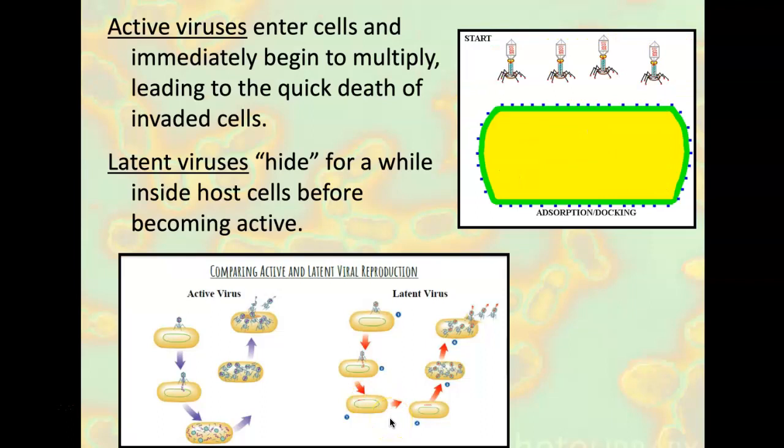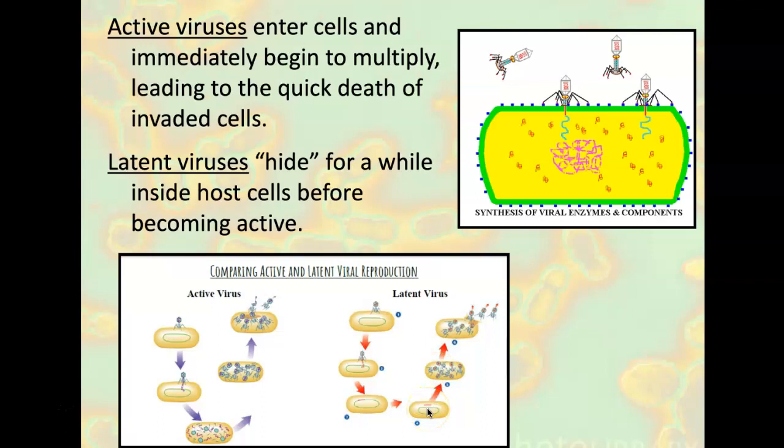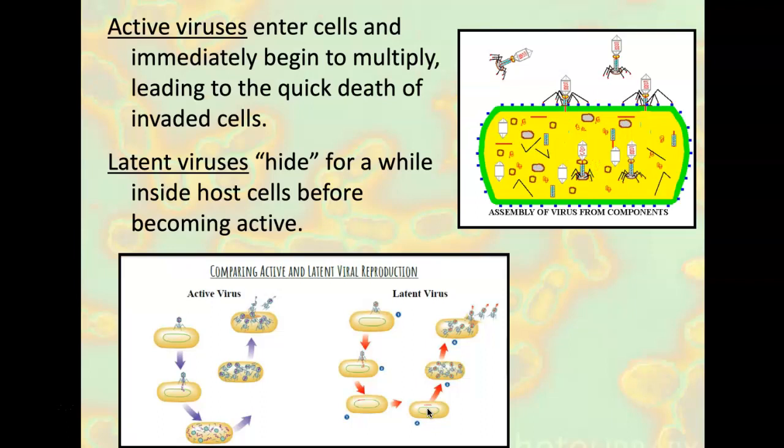And then eventually some kind of stressor will be placed on the latent virus or placed on the host cell, and that will activate the latent virus. So at that time, the host cell will start replicating the virus. So a latent virus can be hidden within the host cell for months or even years.